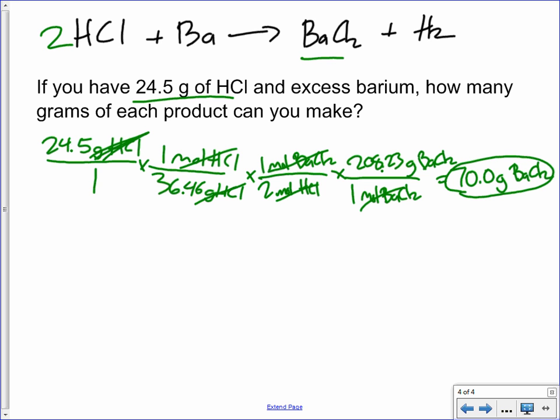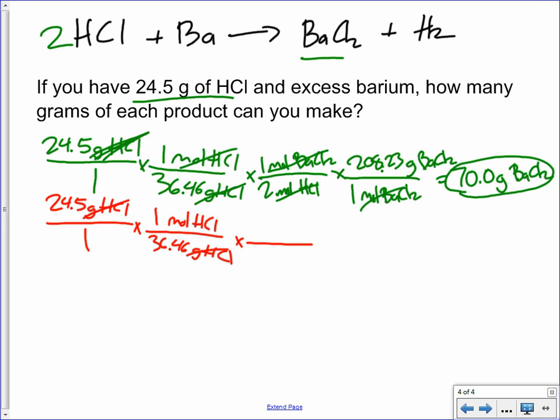Let's do the same thing for our other one, which would be hydrogen. So again, 24.5 grams of hydrochloric acid. Okay, in 1 mole of hydrochloric acid, you got 36.46 grams. Mole ratio again is 2 moles of HCl for every 1 mole of hydrogen.